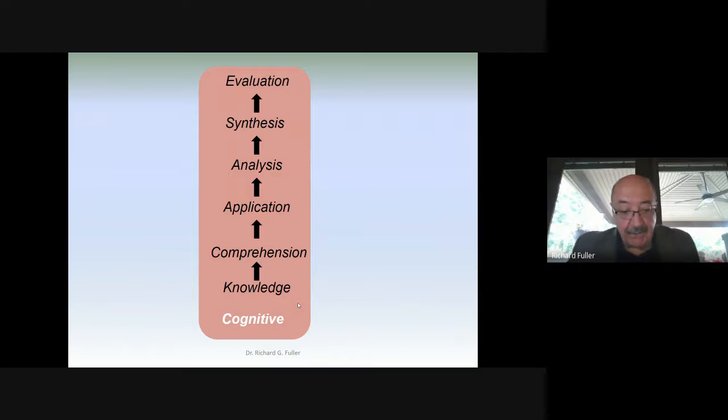But the comprehension is the ability to understand the meaning behind those. So it's getting a little deeper, a little bit more involved. The next level is the application level, which is very simply just classroom information and how it's applied in real life situations and seeing where those applications fit. So these are a hierarchy and move forward. Then you move into the higher order thinking skills, which are the analysis, the synthesis, and the evaluation. What's the difference between analysis and synthesis?